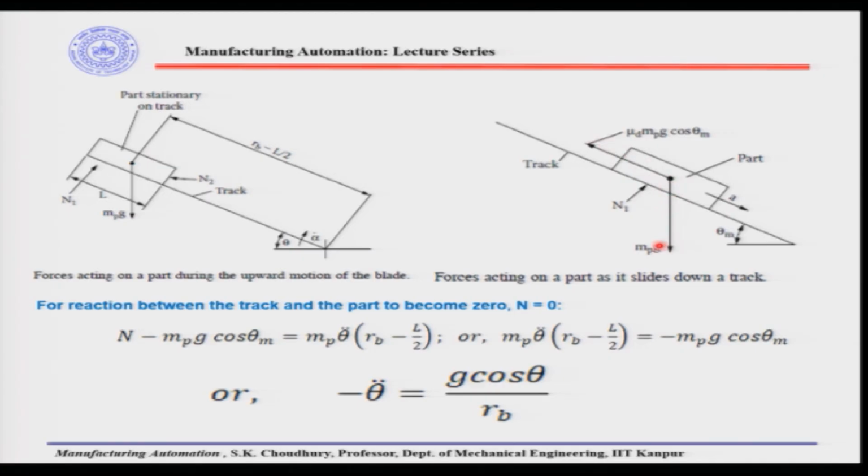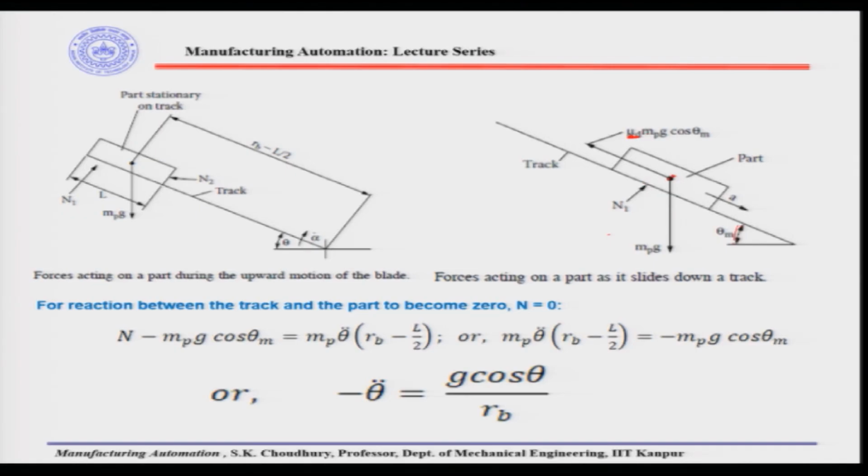We can resolve these forces: one force is along the track and one force is perpendicular to it. So mpg and cos theta m are multiplied by mu d, the dynamic coefficient of friction, which gives you the friction force. So we have three forces basically: the friction force, mpg, the mass of the part, and N1, which is the normal force.